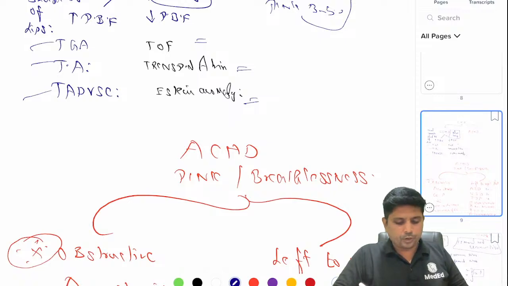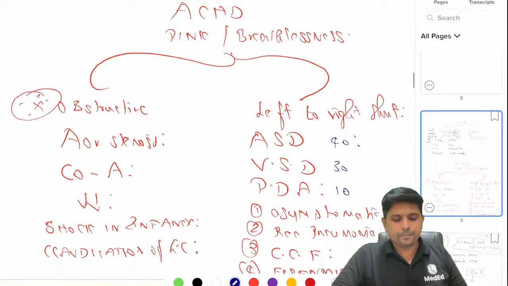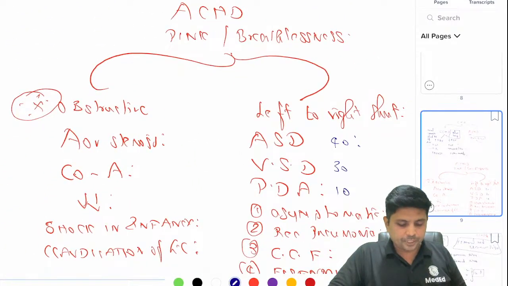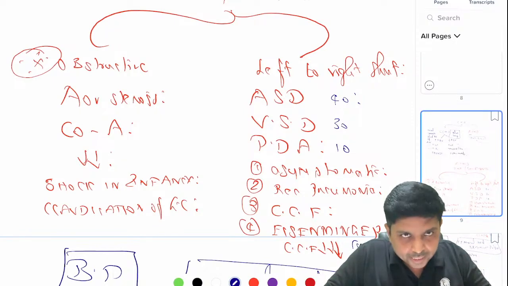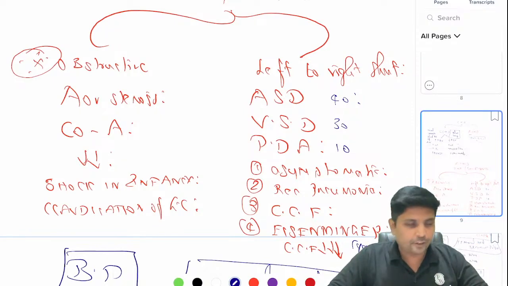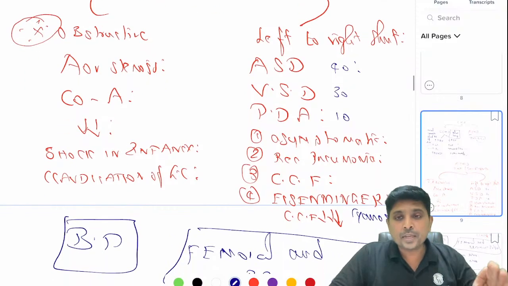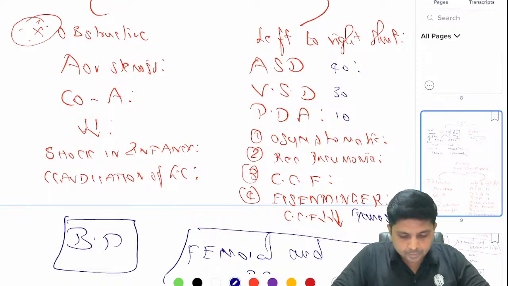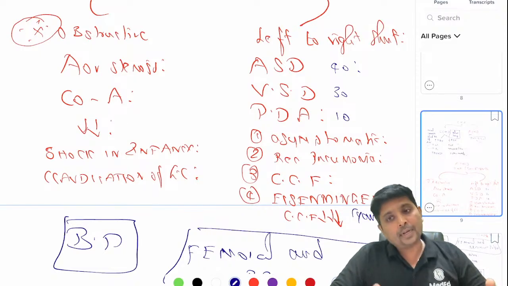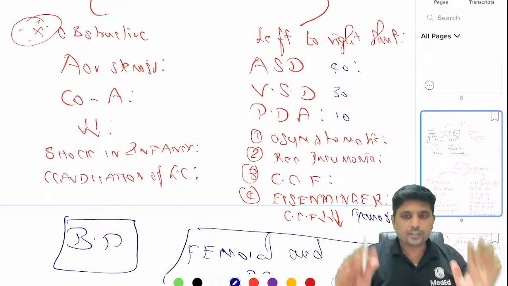They are divided into obstructive lesions and left to right shunt. Obstructive lesions usually present with claudication of lower limbs or shock in infancy. Examples are coarctation of aorta or aortic stenosis. Whereas left to right shunt presents as asymptomatic, recurrent pneumonia, congestive cardiac failure, Eisenmenger syndrome, and when untreated, they can go for cyanosis.